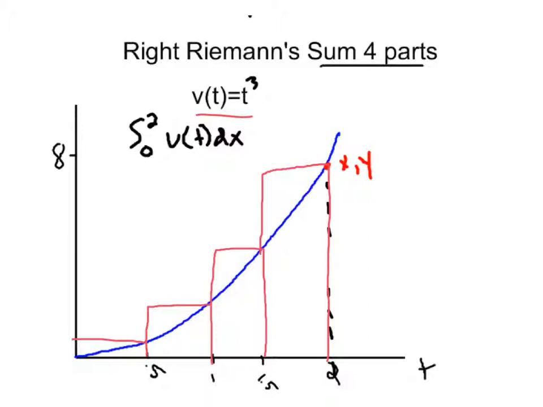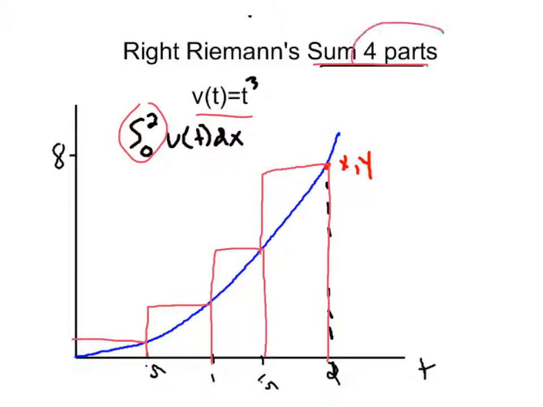Okay, so when we're doing a Riemann sum, there's a couple pieces of important information we need to look for. First, what's the area we're trying to estimate? That's given to us by the integral. We're attempting to estimate the area under the curve from 0 to 2 of the velocity function. The second is how many parts.